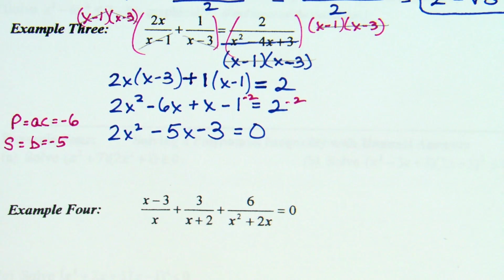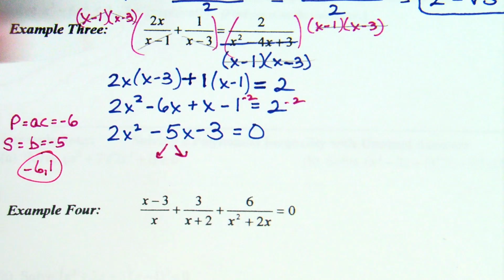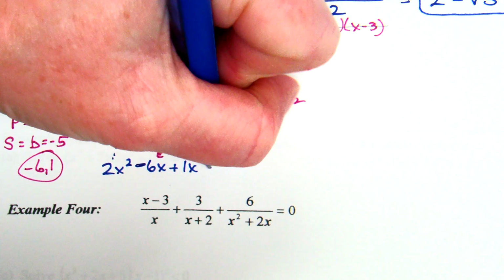Because I need opposite signs, since it multiplies to be negative 6, and then it has to add to be negative 5. So I'm going to use negative 6 and positive 1, right? So take that middle term and split it into minus 6x plus 1x. Or if you prefer it the other way around, you can. Still carry down the first term of 2x squared. Carry down the last term of minus 3, and it equals 0.